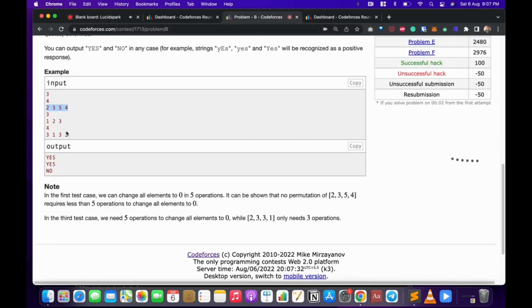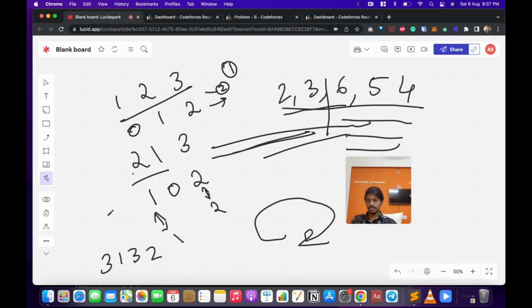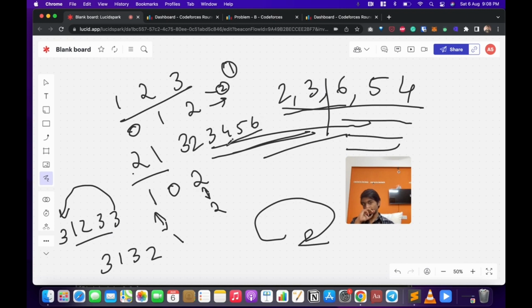So in problem B, 3132. What is the sorted one? 1233, right? It is 3123. Again, it's wrong. This one is flipped.